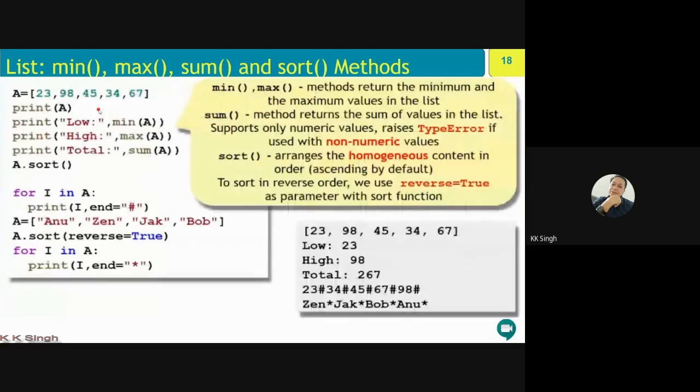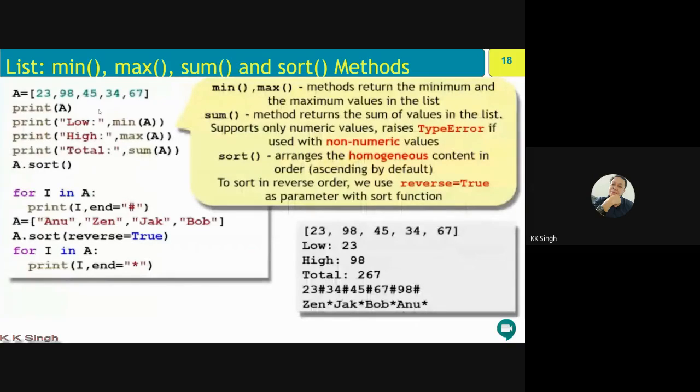So 23 plus 98 plus 45 plus 34 plus 67 will give you 267. Min and max we have used in tuple, and we can also use sum along with the tuple, but you cannot alter the tuple.